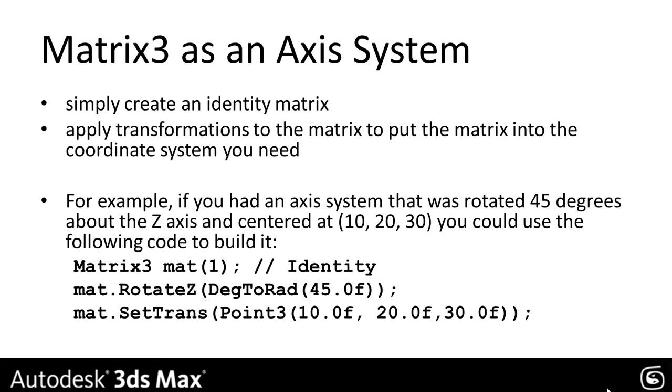You start off with an identity matrix, then rotate around the z, using a little helper function to convert the degrees to radians. Internally, all the angles are typically stored and worked with as radians, so you have to convert back and forth to degrees if that's what you want to show or let the user work with. So we rotate around z by 45 degrees, and then set the translation component as well: here's the 10, 20, 30.